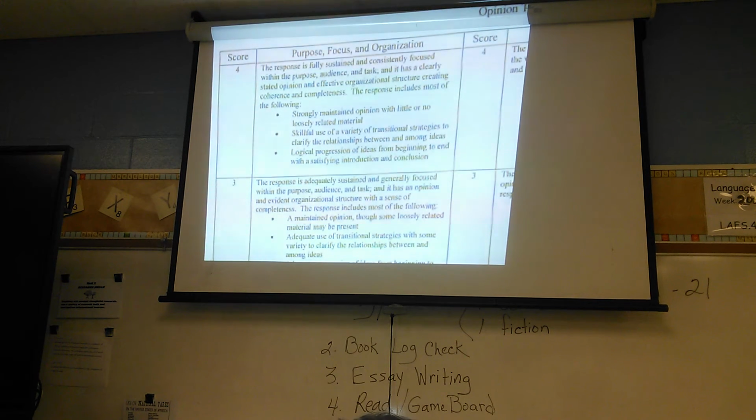So you don't really know what they're asking, you don't understand what they're asking you to do. That's why it's important to read the prompt carefully. Now your focus is whether or not your essay stays on topic. Does it present main ideas in a logical order?